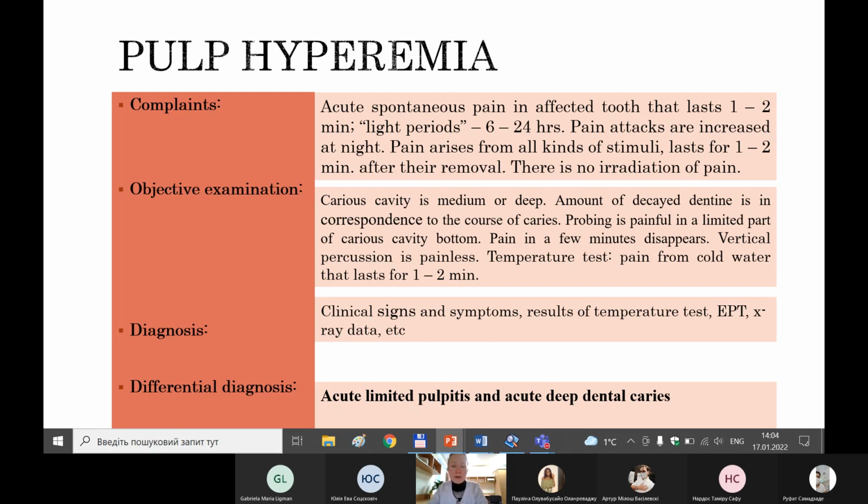X-ray can only show the proximity to the pulp chamber, but it is not effective in diagnosing these processes. So the main diagnostic methods are clinical signs and symptoms and the results of the temperature test and electric pulp test. Differential diagnosis of pulp hyperemia is done with acute limited pulpitis and acute deep dental caries.